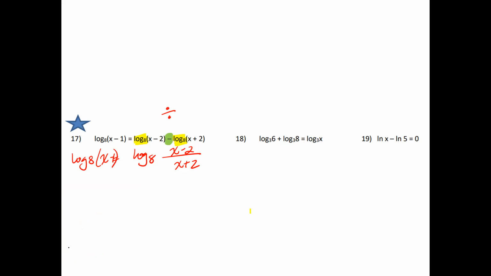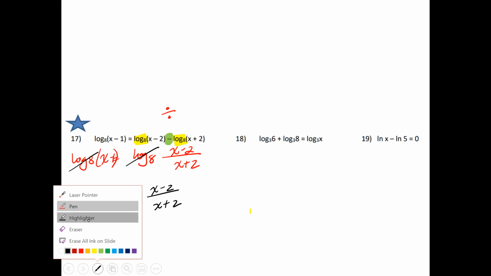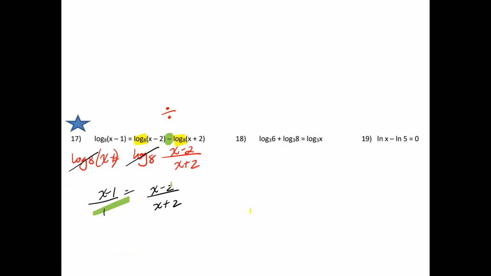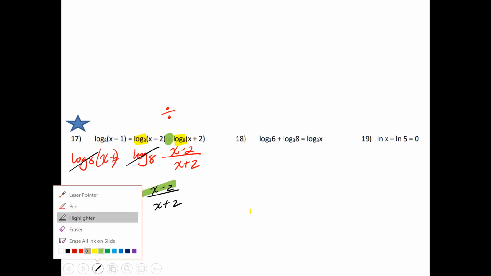Then you know that your log just cancels and you have x minus 1 equals (x minus 2) over (x plus 2). What you can do here is crisscross them and multiply. So multiply those two together and then multiply these two together.